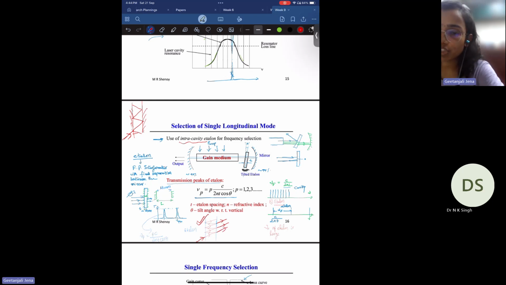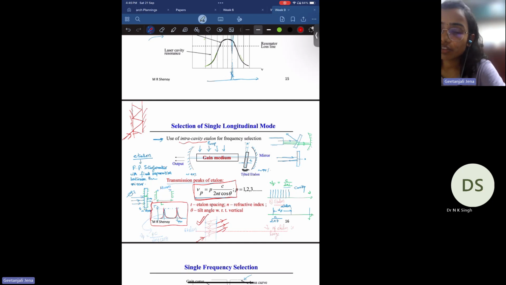Depending on the separation between these two mirrors and the angle theta, we'll see transmission peaks in the system. So there are transmission peaks around some frequencies, and these frequencies are given by this relation.